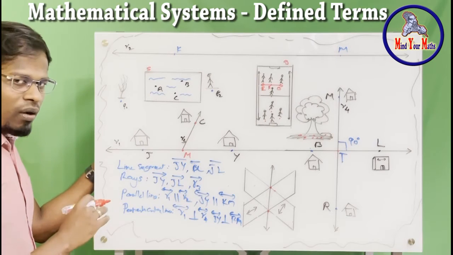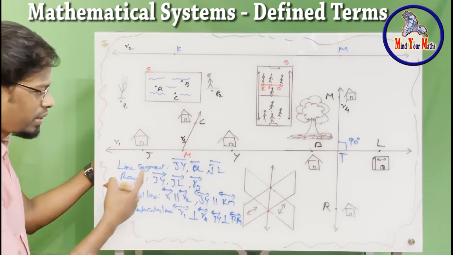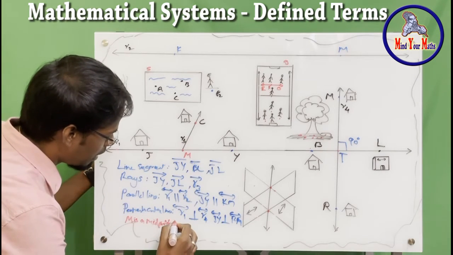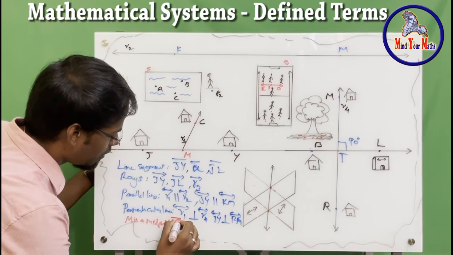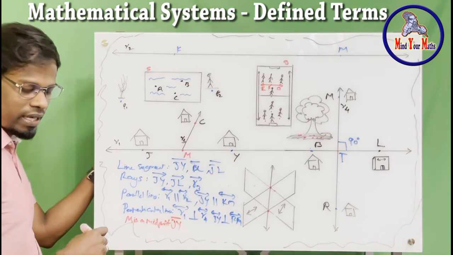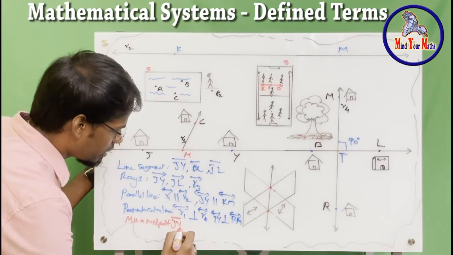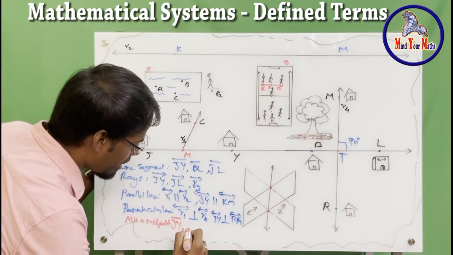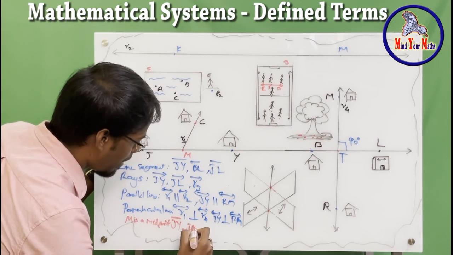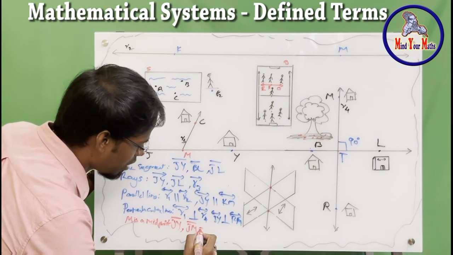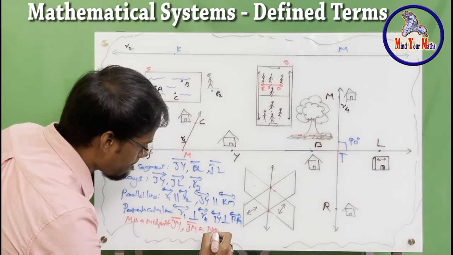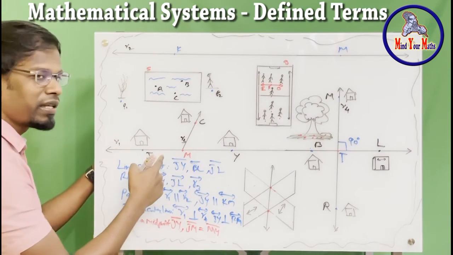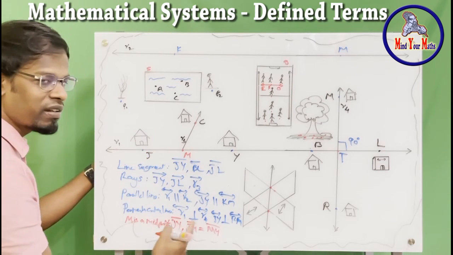Now, how do we write it in mathematical terms? M is the midpoint of line segment JY. We don't put an arrow for the segment. In that case, JM is equal to MY, because M divides this segment into two equal parts, so both have to be equal.